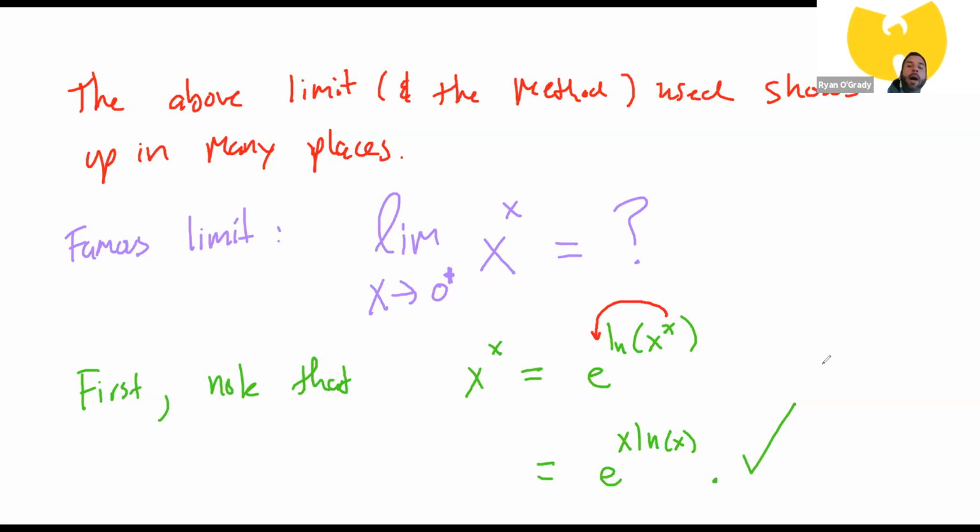Now, why is this a useful property? Not only did I introduce e, so why is this true? First off, e and the log are inverses. So if I take e to the log, they're just undoing each other. But by doing this, it allows me to get that x out of the exponent. So these are basic facts of logs.